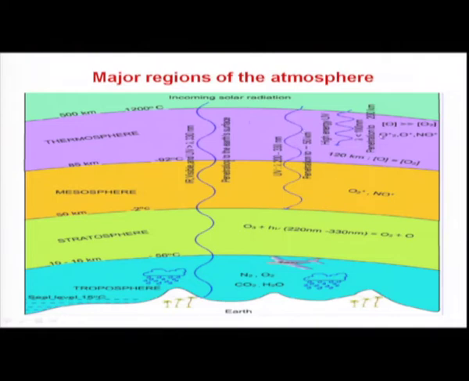Because of this, the thermosphere is also known as the ionosphere. So, the atmosphere is classified into 4 regions based on the height as well as the prevailing temperature and chemical species.